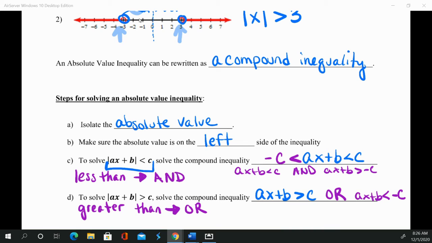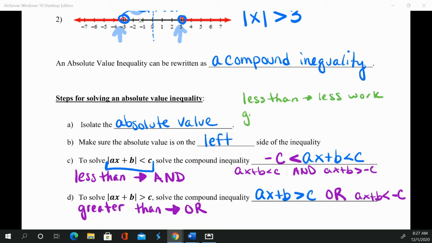Some tricks I've used, I don't love using tricks because I think sometimes students focus too much on the tricks and less on the overall concept, but I know we have a lot going on, so I will give you my little tricks for knowing which one. I used to say that less than ends up being less work with an and inequality, right? Because we just have to solve that one inequality instead of both of them for an or.